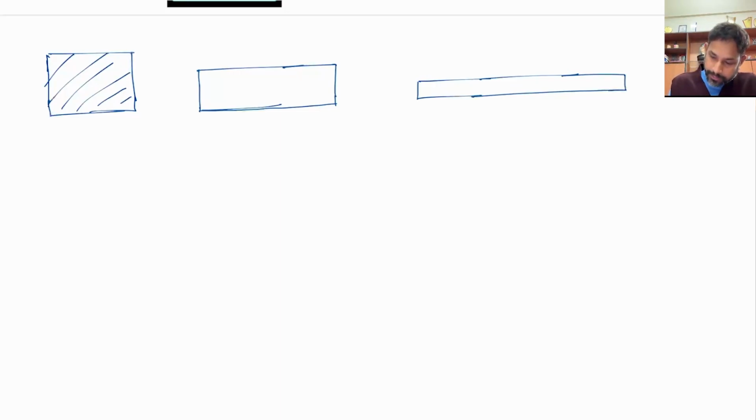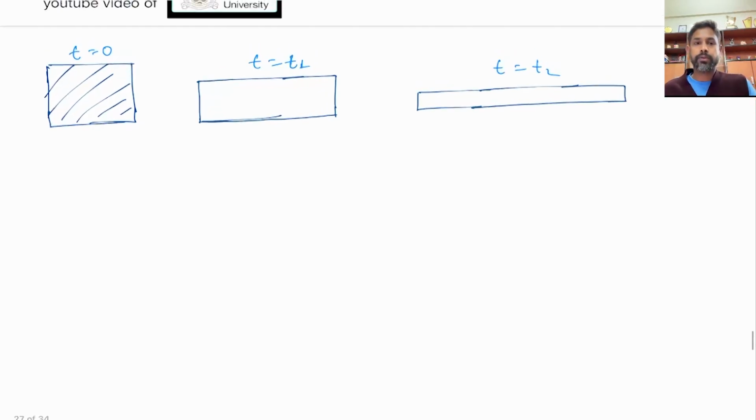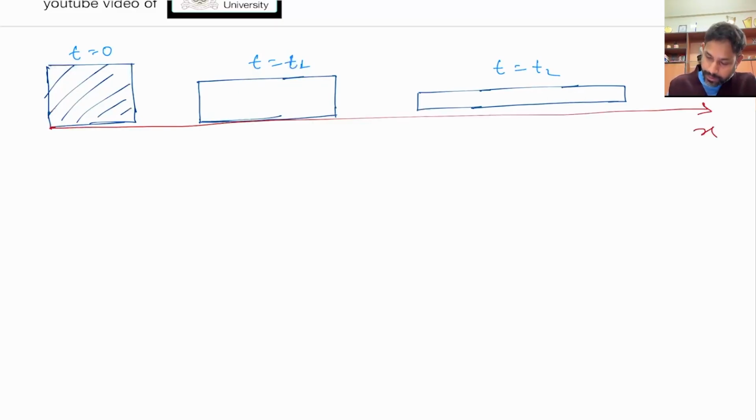This is at t equal to 0, this is t equal to t1, t equal to t2. So it is going from t equal to 0 to t1 to t2, and we will assume that this is the x-axis. So basically this is moving in the x direction, this is the z direction.